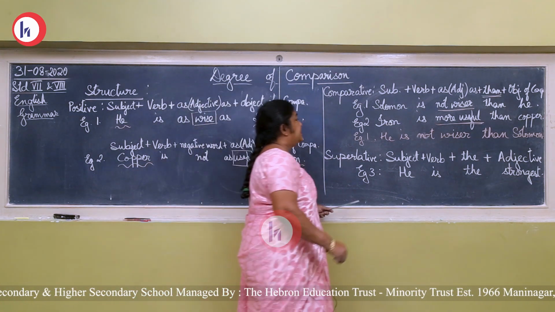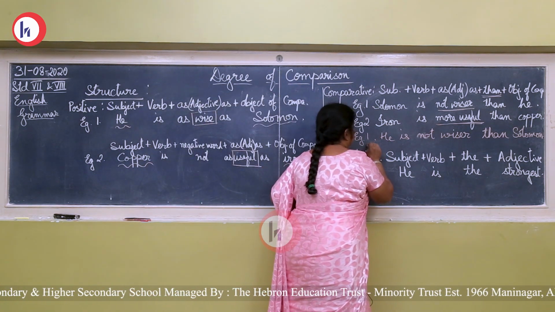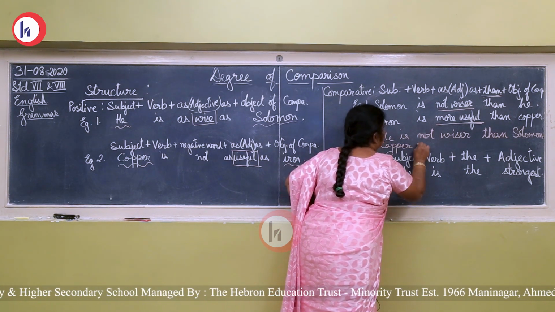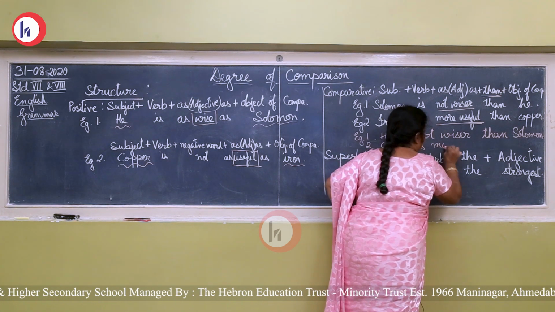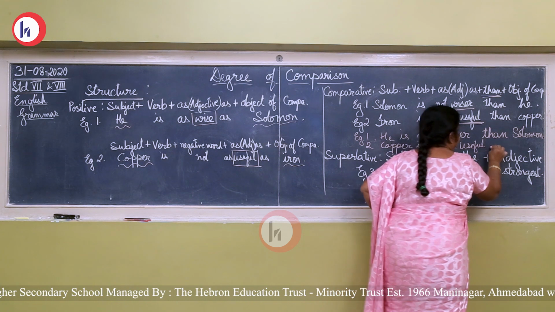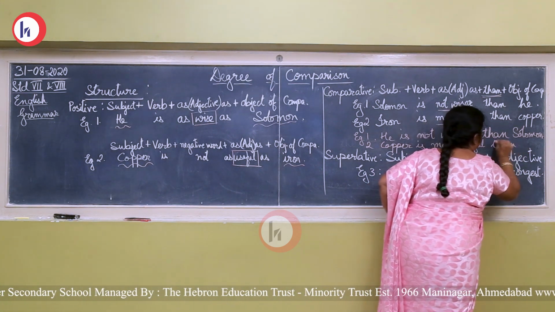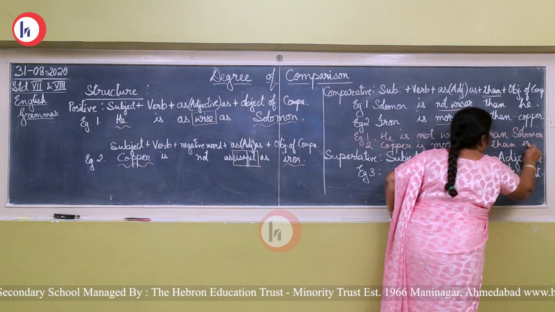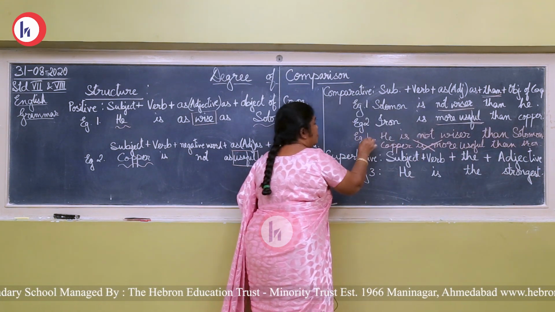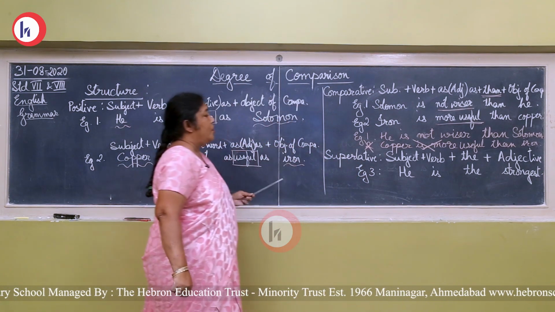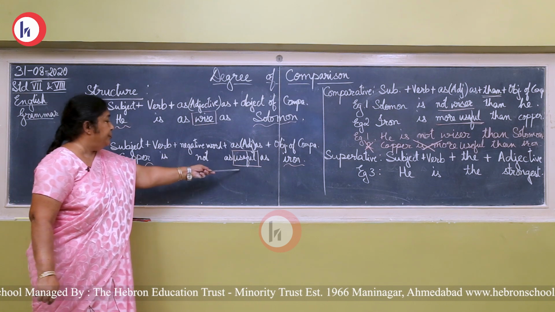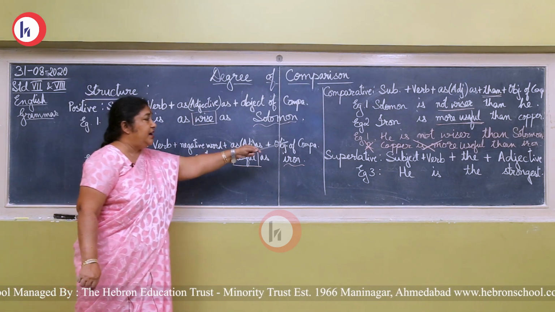So the second sentence cannot be written this way. This is a wrong answer. It will go wrong because it clearly states here that iron is more useful than copper. So that answer cannot do.